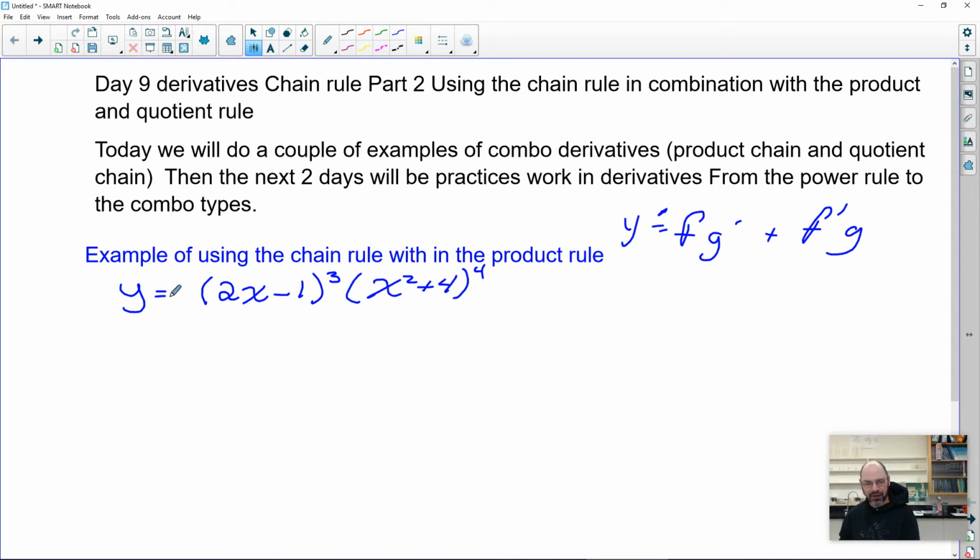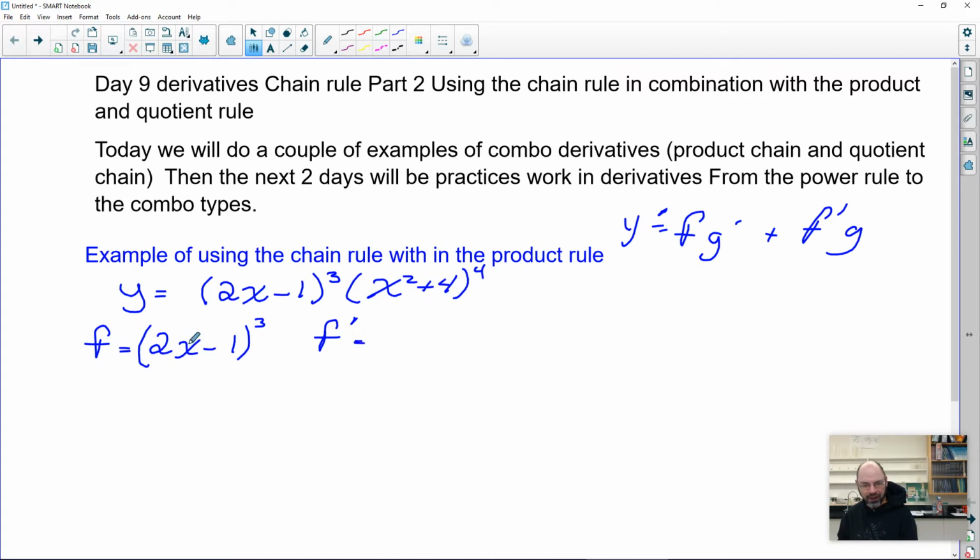So we could say that f is 2x minus 1 cubed, and g is x squared plus 4 to the 4th. Okay, so let's do that. Let's say that f is that first expression, 2x minus 1 cubed. Now this is where the chain rule comes into play. Now we're going to do f prime using the chain rule. So we know that this is going to be chained.